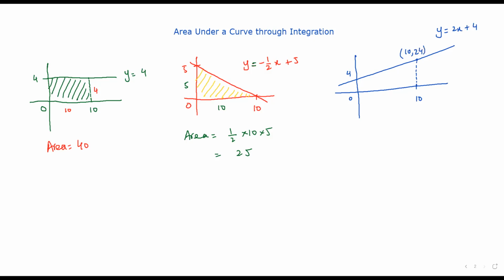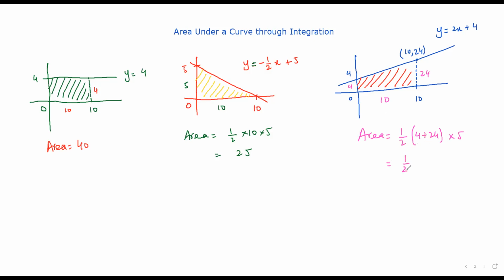So if I ask you how to find the area of this trapezium over here, what will be the area of this trapezium? 140. Because you have this as 10, this is 4, and this is 24. So the area of the trapezium is going to be half into the sum of the parallel sides, that is 4 plus 24, times the height.